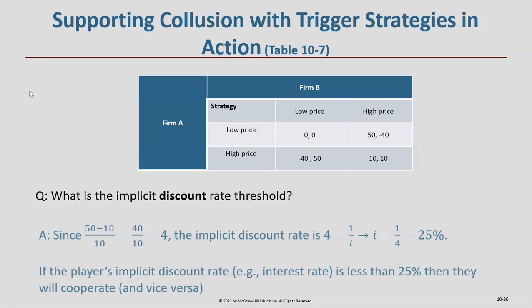Okay, so if the business firm manager has an implicit discount rate greater than 25%, then they're going to cheat. A higher discount rate means that you value the future less than if you have a low discount rate. So the higher the discount rate, the greater the chances that someone's going to cheat in a repeated game.